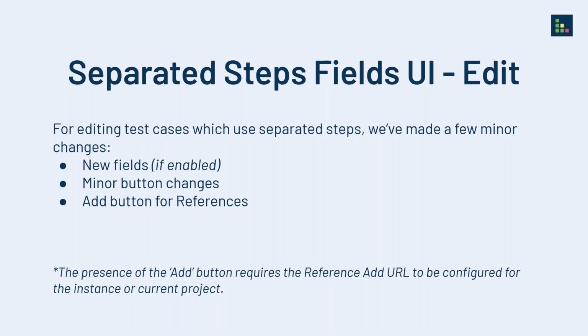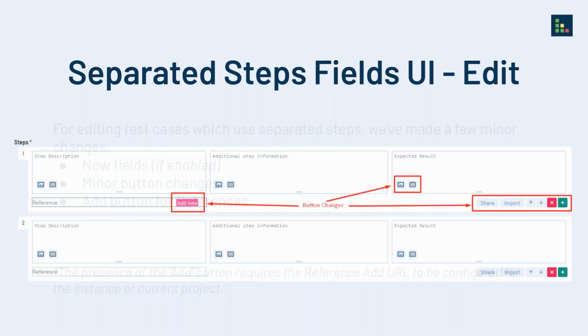As long as that is configured, then the add button will appear, which I'll show a couple of examples here. So here we have highlighted the first redlined area on the left is the add new button. When you click inside the reference field, the add new button will appear so that we don't have an extra button overlaying other areas.